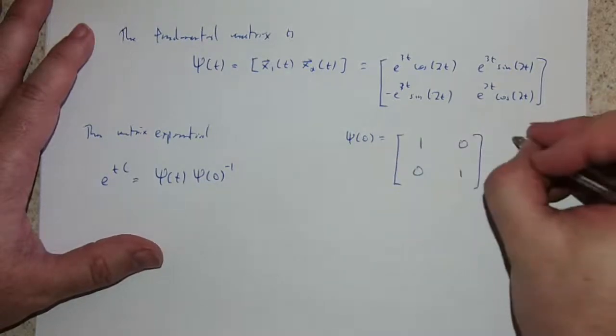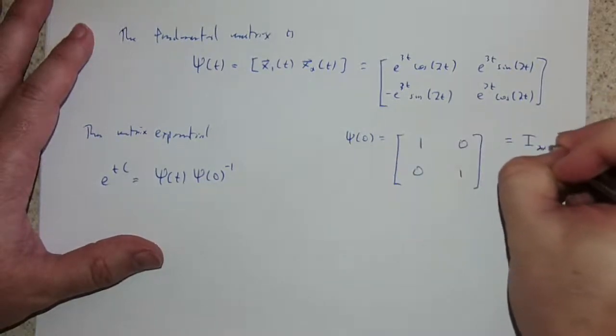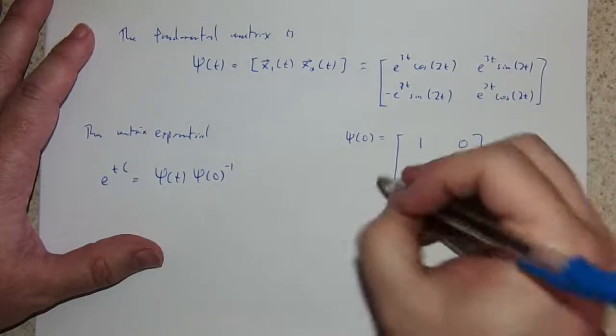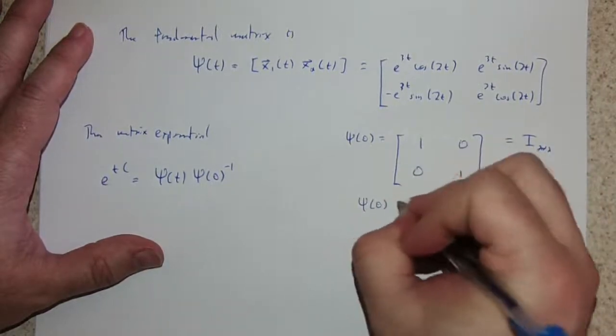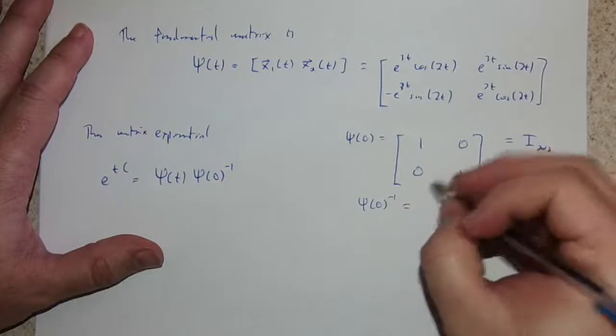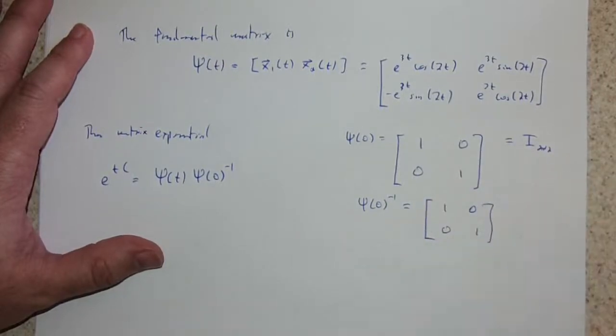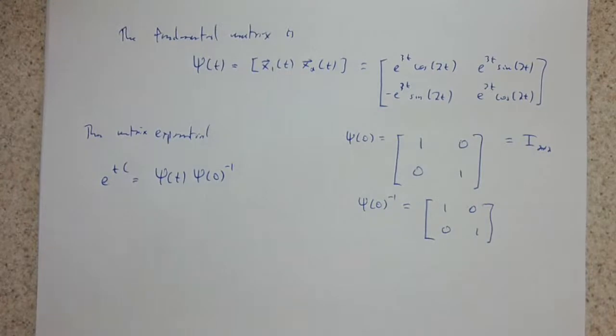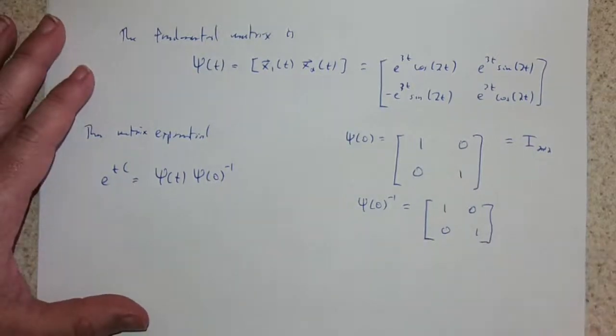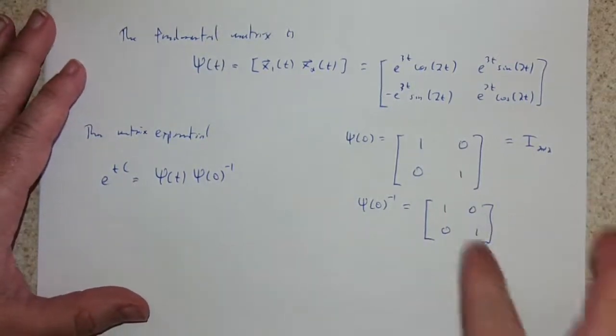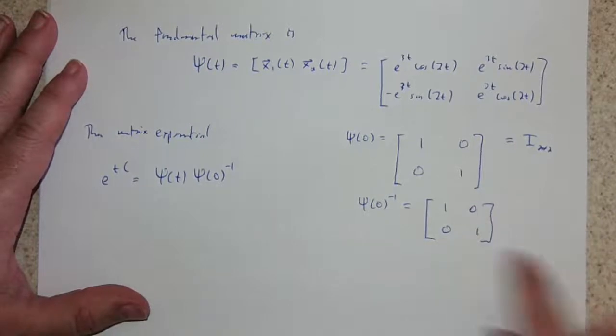This is the 2 by 2 identity matrix. It is its own inverse. You can check that yourself. But the identity matrix is its own inverse. And so C of 0 inverse is just C of 0, it's just 1, 0, 0, 1.